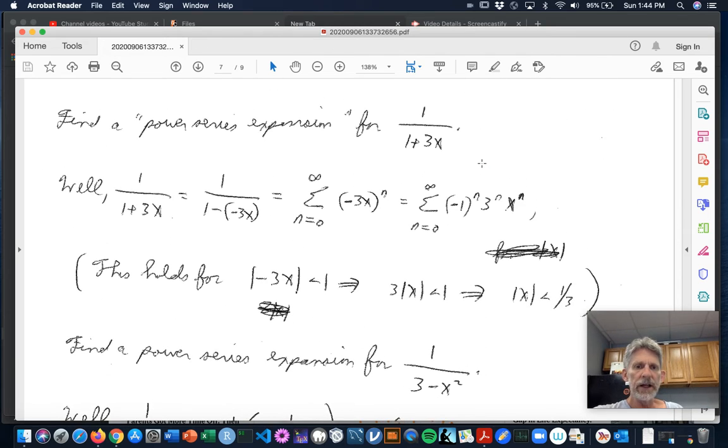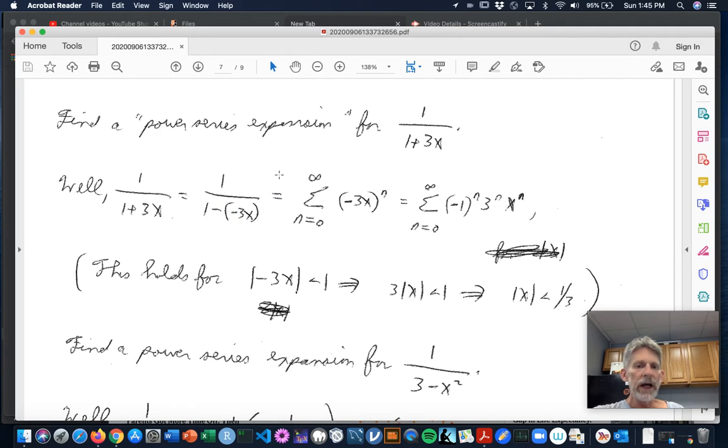Suppose you had to find a power series expansion for this very simple little fraction. Could you write that as a power series? Well, I can take 1 over 1 plus 3x and think of it as 1 minus negative 3x.